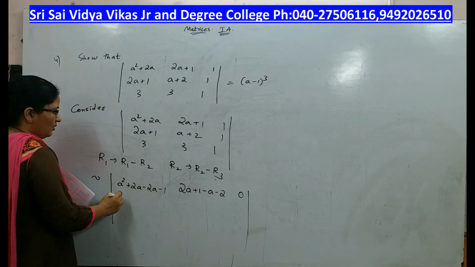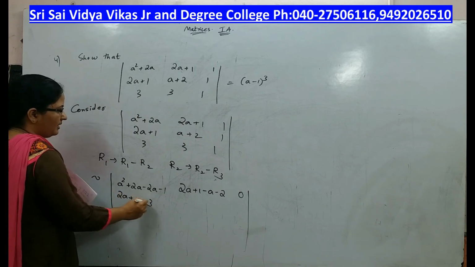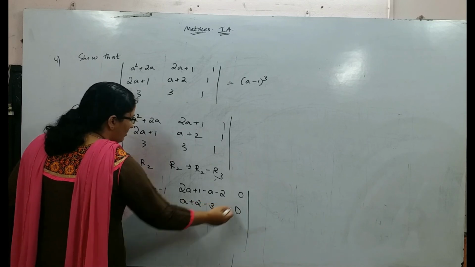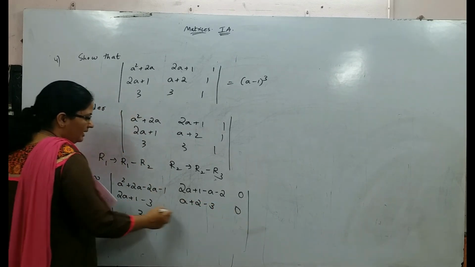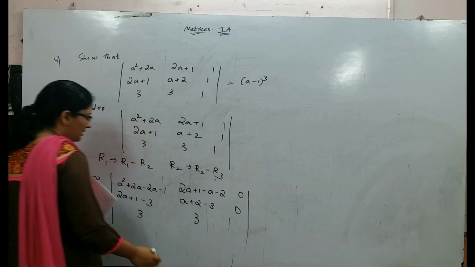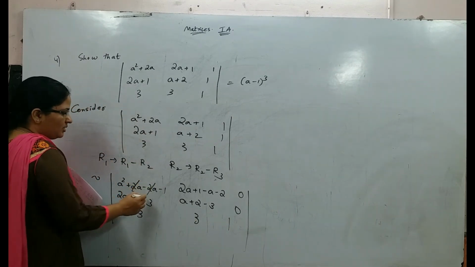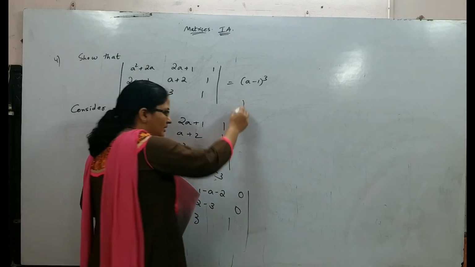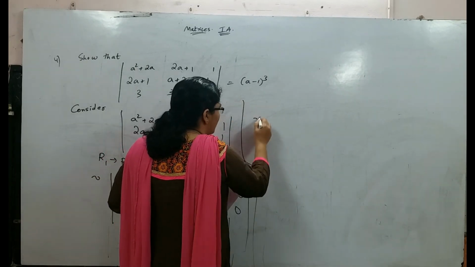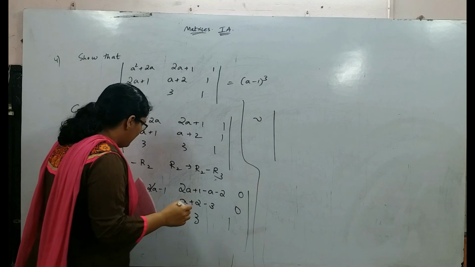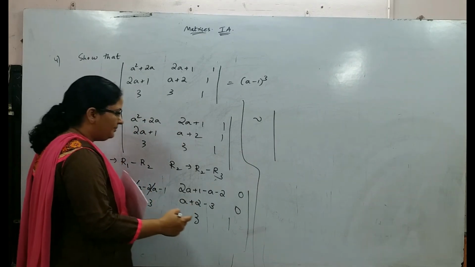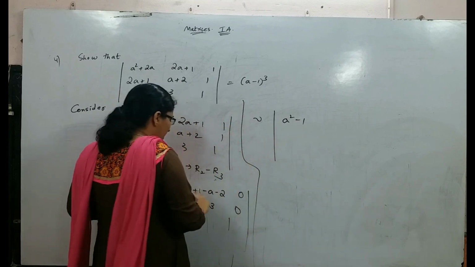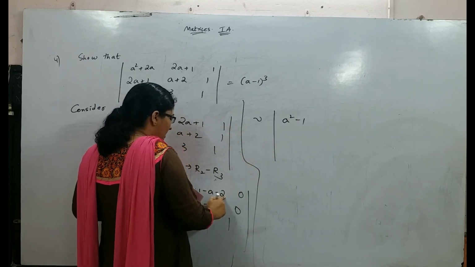This minus this: 2a plus 1 minus 3, a plus 2 minus 3, 0, then 3, 3, 1. Plus 2a minus 2a cancel. So here what do you have? a square minus 1, a square minus 1, 2a minus a is a, 1 minus 2 is minus 1.